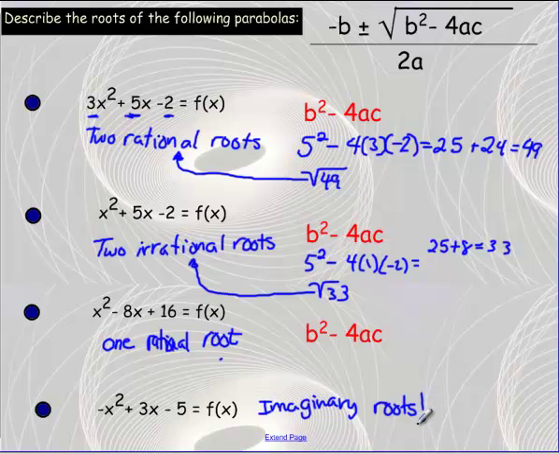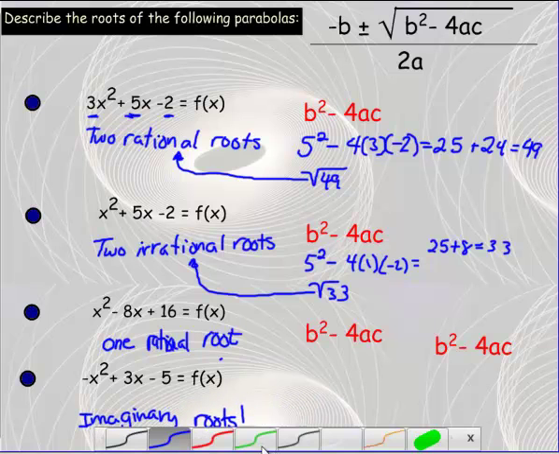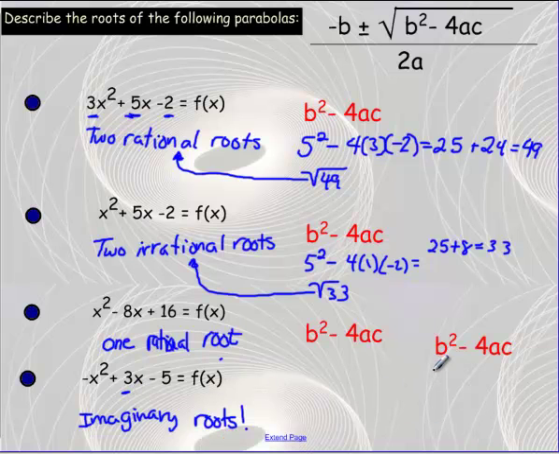And again, if I wanted to use my quadratic formula to prove that, kind of bring that over here, running out of room. I would get b squared. Here's my b. So that's 9 minus 4. A is -1.